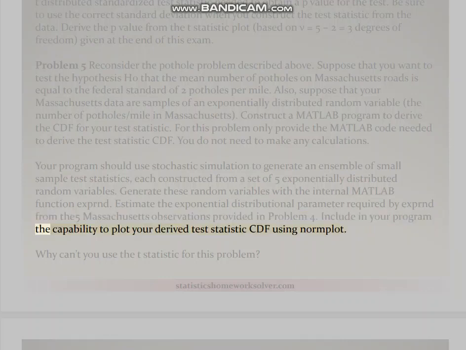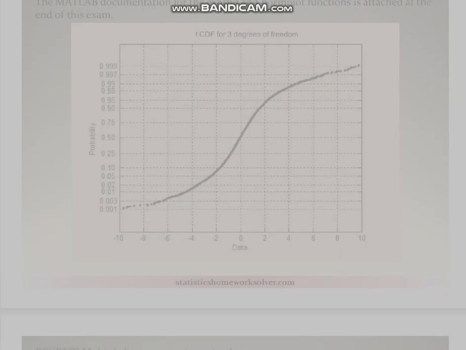Include in your program the capability to plot your derived test statistic CDF using normplot. Why can't you use the t-statistic for this problem? The MATLAB documentation for the exprnd and normplot functions is attached at the end of this exam.